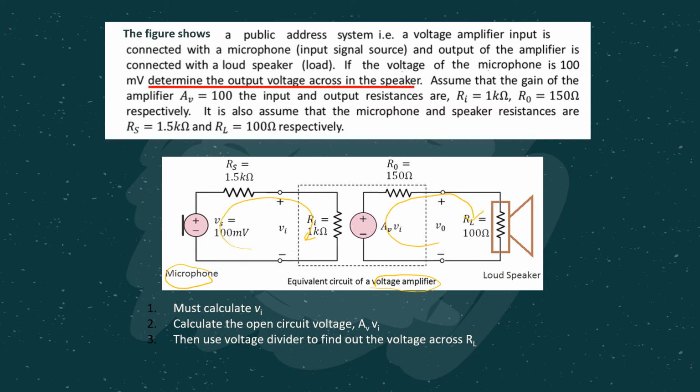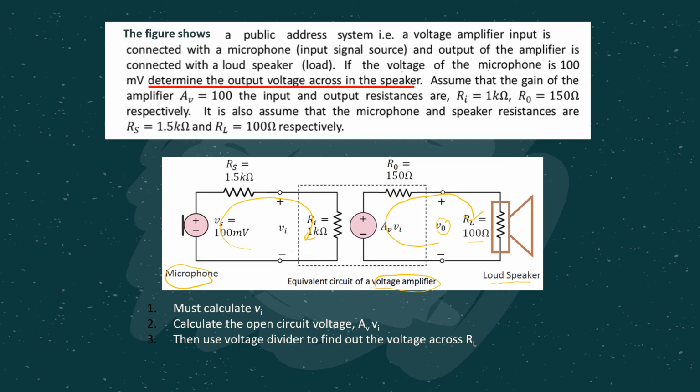After it goes through the amplifier model, the output signal is connected to the load resistor, across which is the loudspeaker that amplifies the voltage signal. That's the application of it. So you have to determine the output voltage across the speaker, which is V0 here. The question is asking us to find V0. All the other parameters are given.